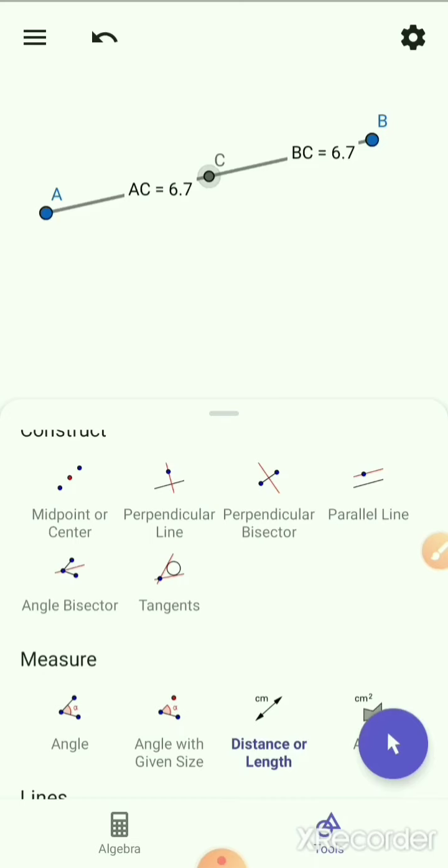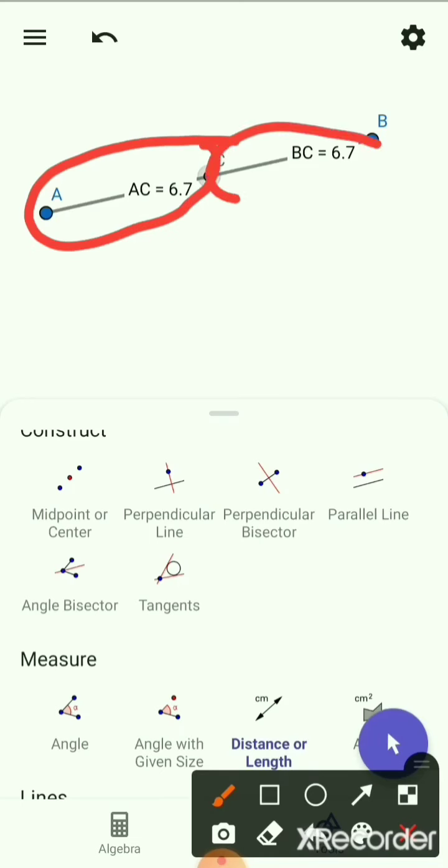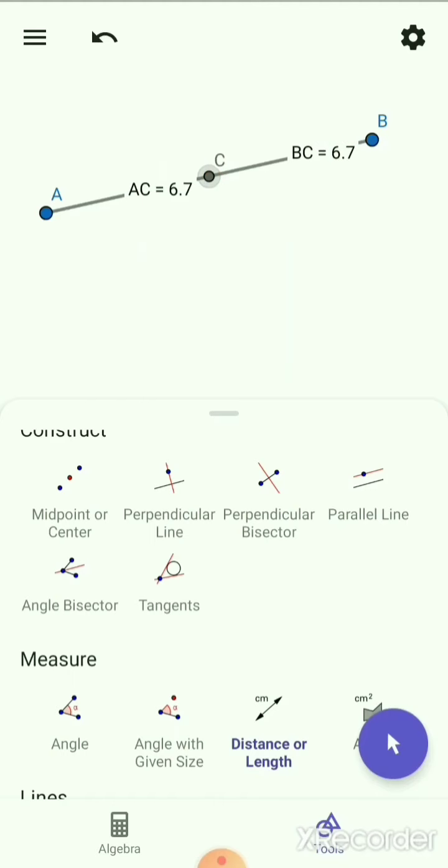So if the distance of A and C and the distance of B and C is the same, then we can say C is the midpoint of AB. It means C is exactly in the middle of segment AB, or we can say C is in the center of AB.